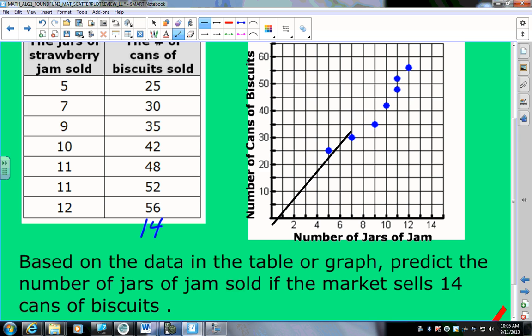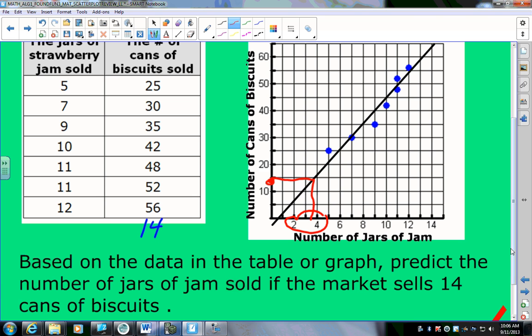I have my trend line drawn through the middle of all the points because the trend line is like an average. Then I would go over to where Y is 14. 5, 10, there's 15. So where Y is 14, I will draw an arrow over and then a line over and a line down. It's somewhere between here.